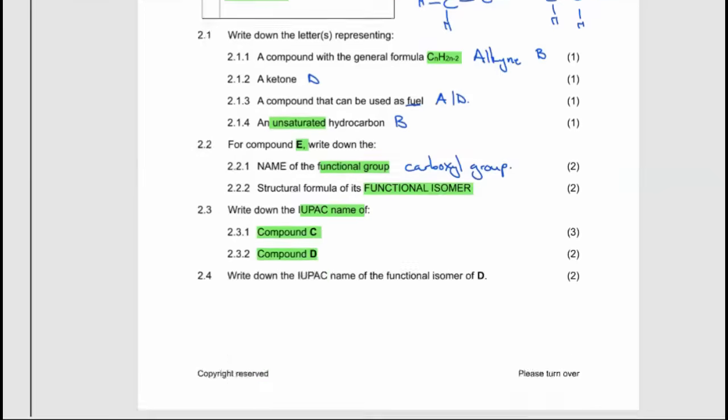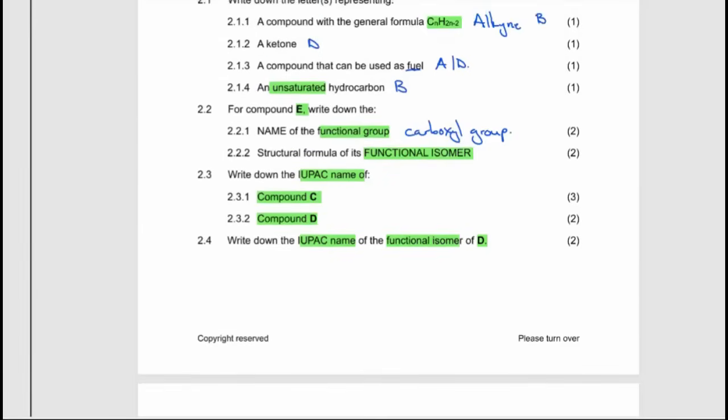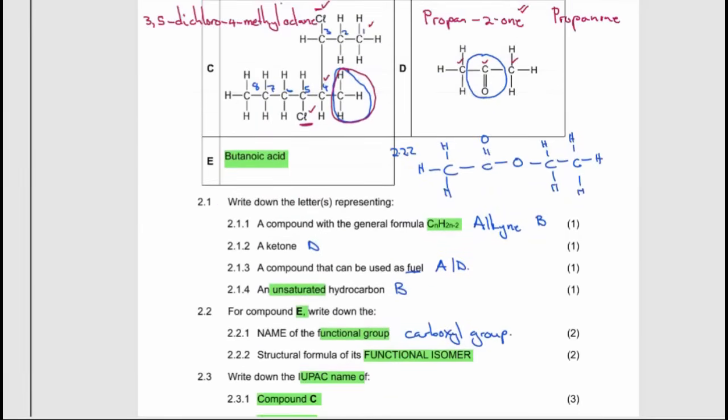So then to proceed to the next question, which is 2.4, it reads: write down the IUPAC name of the functional isomer of D. So we're looking for the IUPAC name of the functional isomer of compound D. Remember ketones go along with aldehydes. So it's a matter of us changing this functional group and moving it to the end, because aldehydes like to sit at the end.